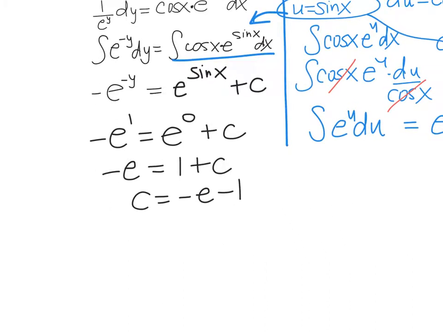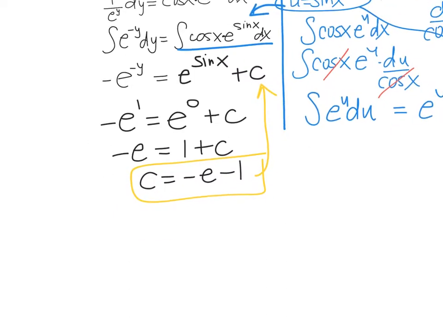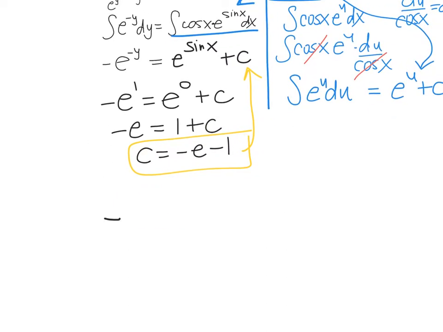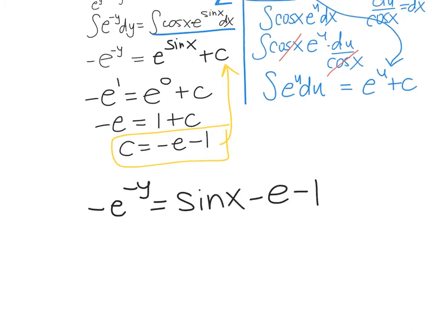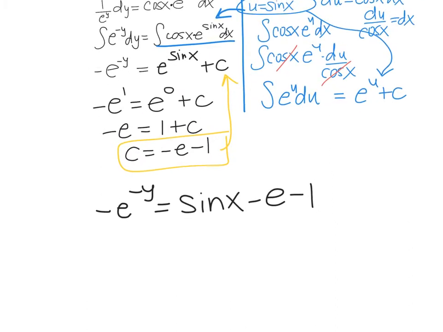Yep. Take that, plug it back in up here. So now we have negative e to the negative y equals e to the sine x minus e minus 1. And now we have to solve for y. We've got to divide by negative 1 first.